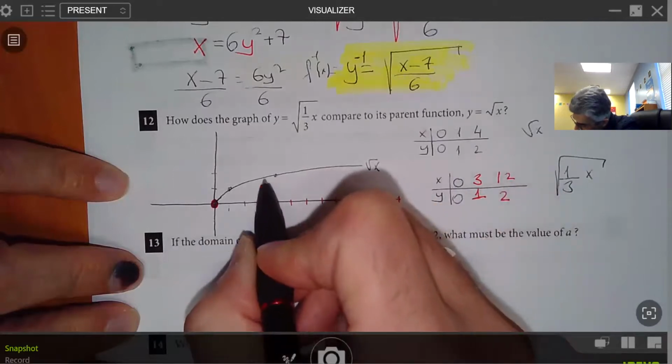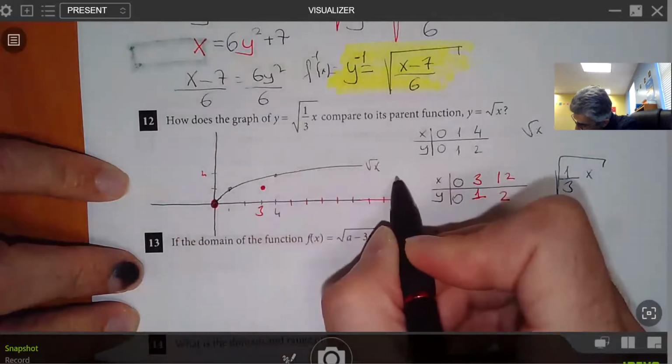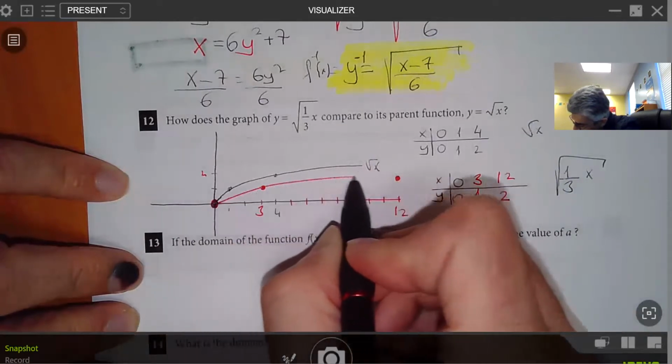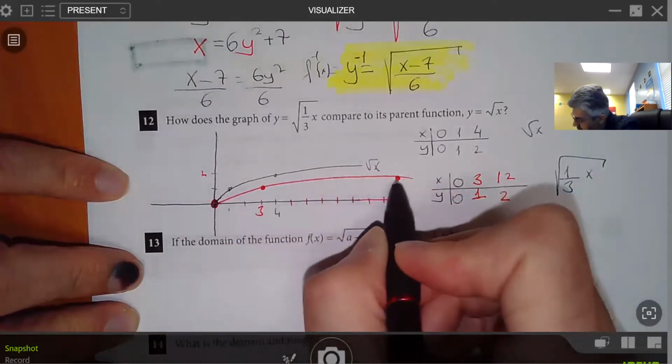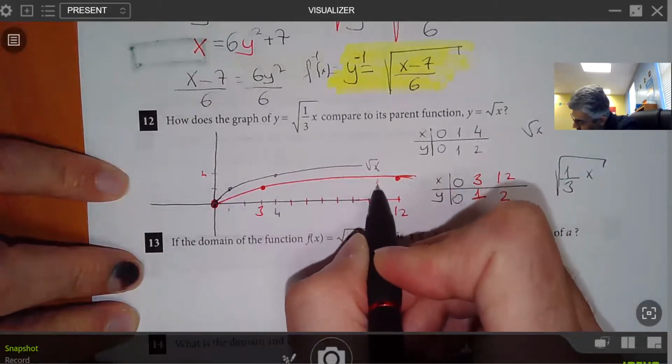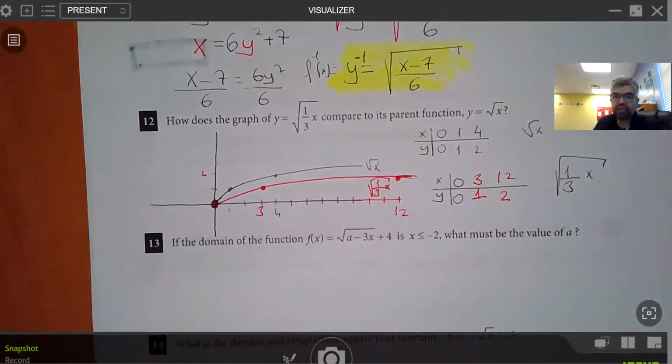So here it is, 2 is here. So it will be somewhere here. And of course, it's not going down, but continues. This is the graph of square root of 1/3 x.